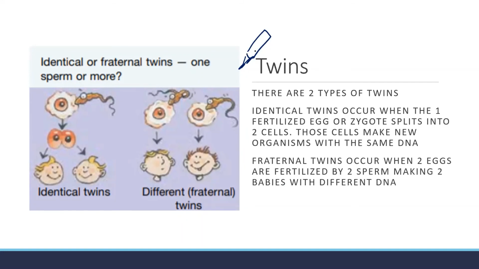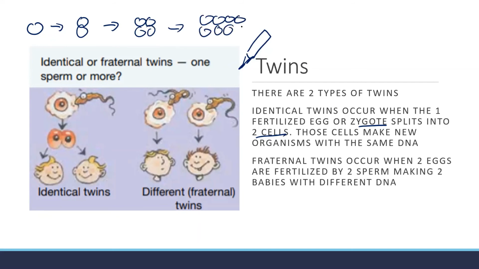So there are 2 types of twins. Identical twins occur when one fertilized egg, or zygote, splits into 2 cells. Normally you get 1 cell that splits into 2 cells, splits into 4 cells, splits into 8 cells, and so on. The only difference here is that 1 cell splits into 2 cells, but then those cells go off and do their own thing.